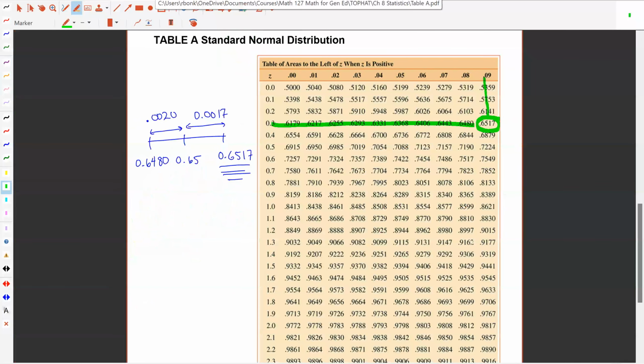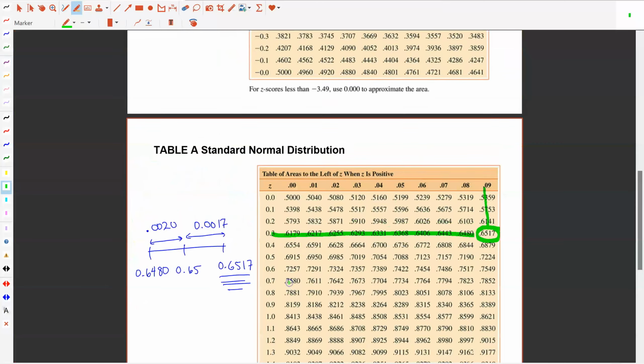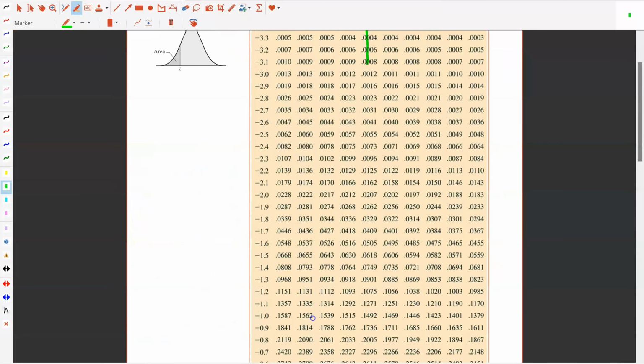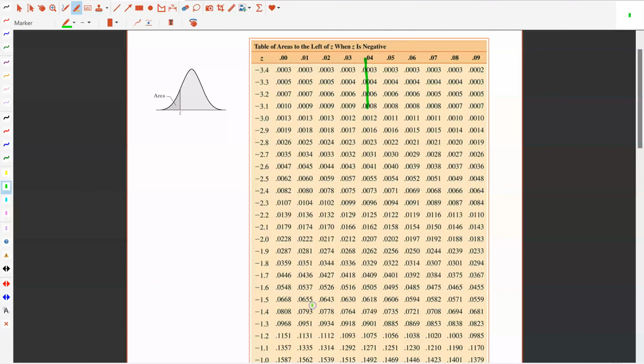We go to those negative z-scores, and I'm looking for 0.03. Here's 0.0301. That's really close as an area. So that z-score corresponds to negative 1.88.